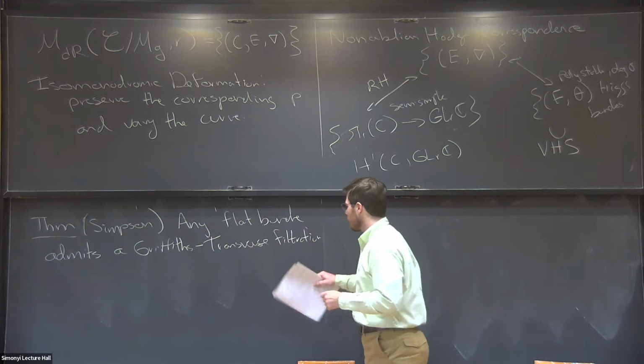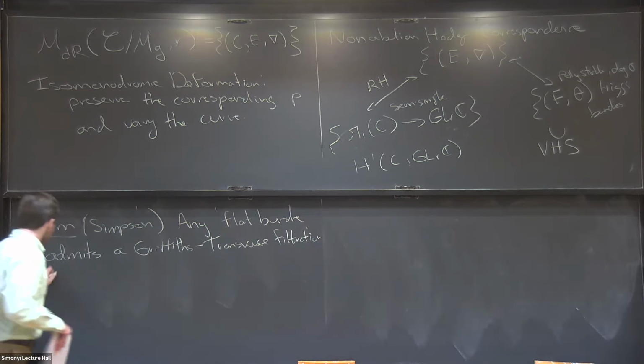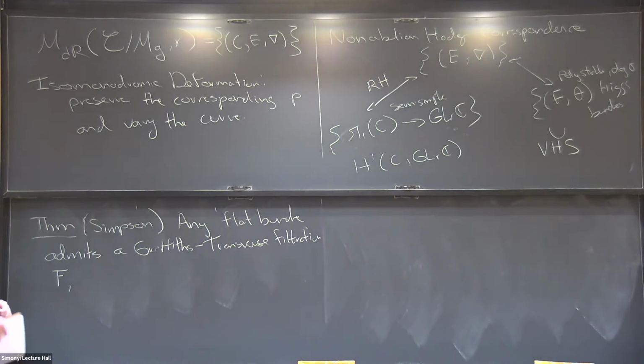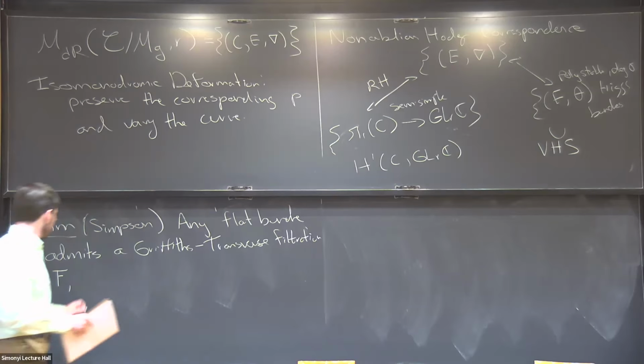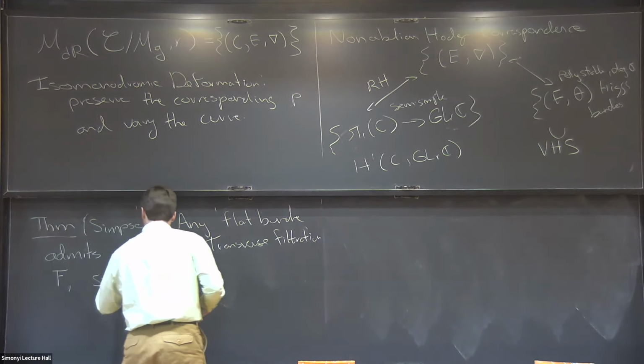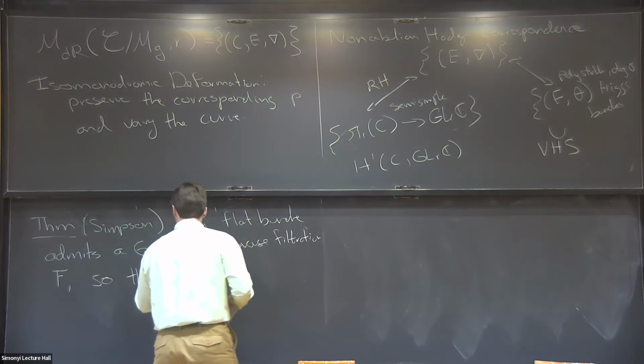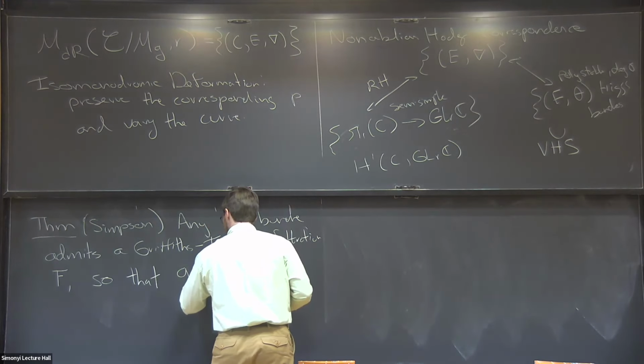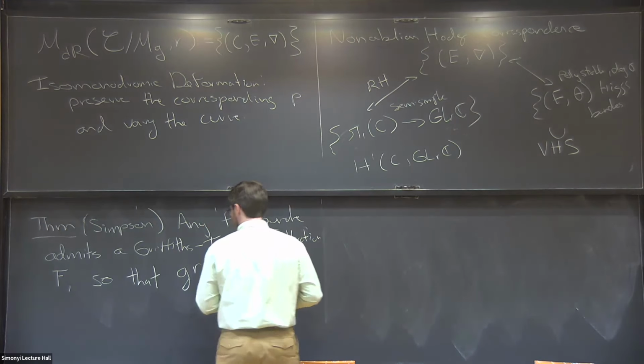And moreover, let me call that filtration F. Then once I have that filtration, I can take the graded object with respect to that filtration. And that is going to be a Higgs bundle. And that Higgs bundle is going to turn out to be semi-stable.